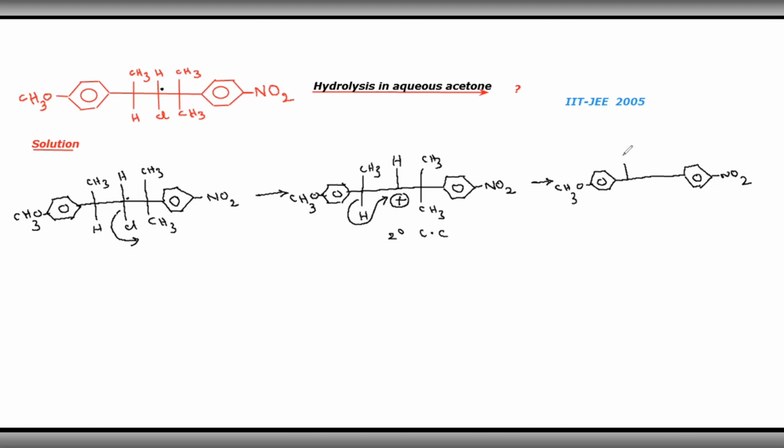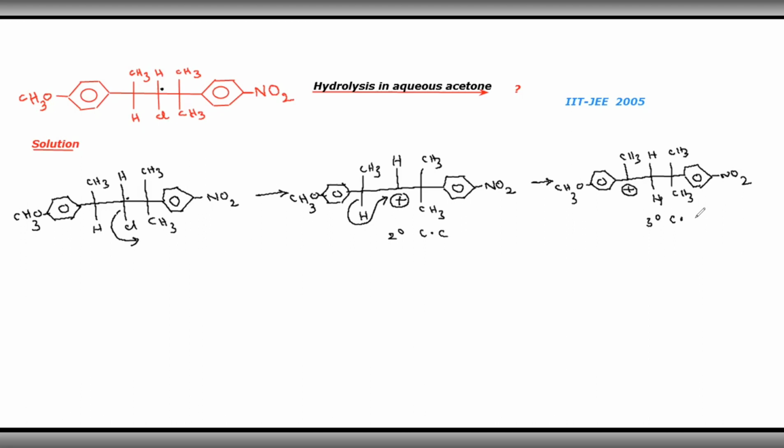Because of shifting of the hydride ion, this carbon gets positive charge. This is a tertiary carbocation, hence more stable than the previous one. Due to the hydride shift, here hydrogen will be there, and here there are two methyls. The tertiary carbon has positive charge, so this is a tertiary carbocation.